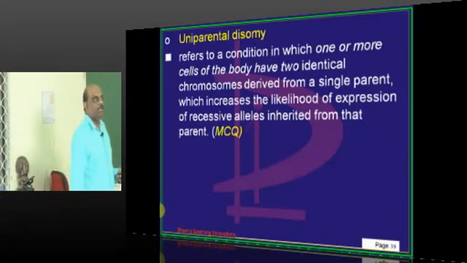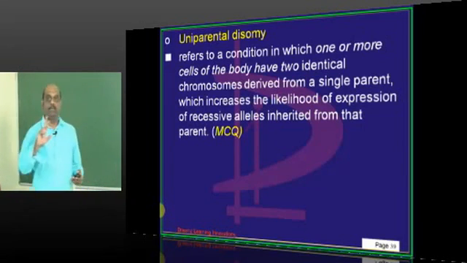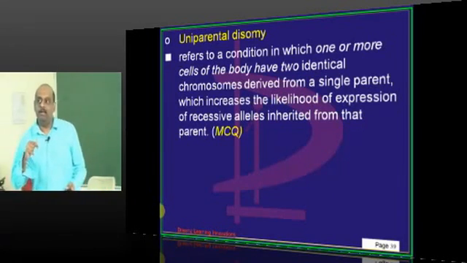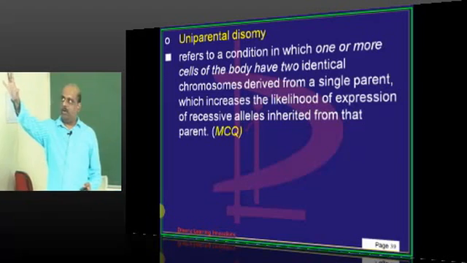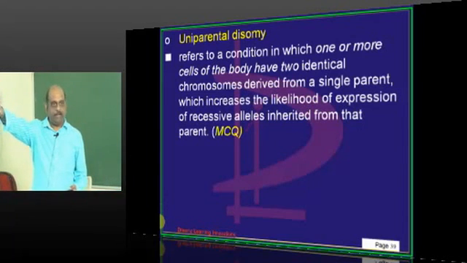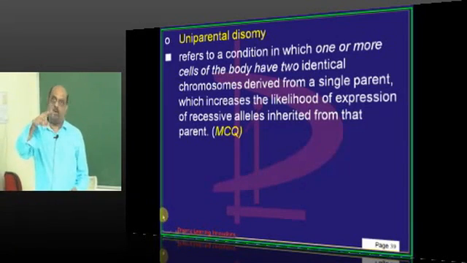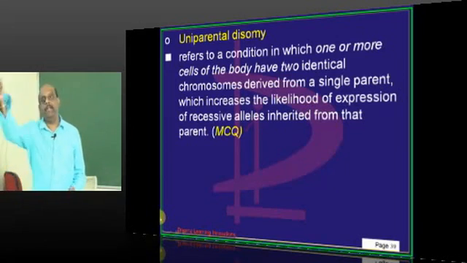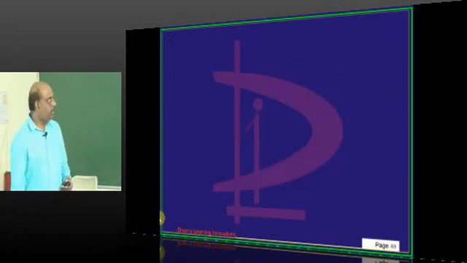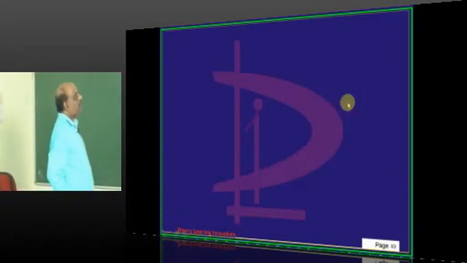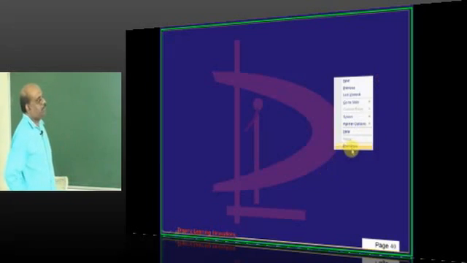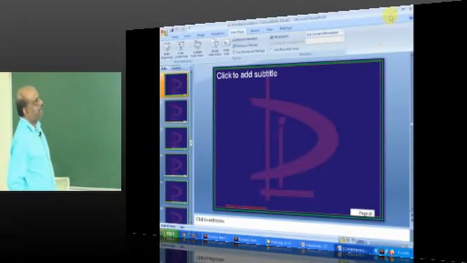You call it uniparental disomy, where on outside karyotyping it looks like a heterozygous state, but internally only one chromosome, which came from one of the parents, is carrying both the abnormal recessive alleles, leading to the disease expression. That is what you have to remember. So that is in short the story.